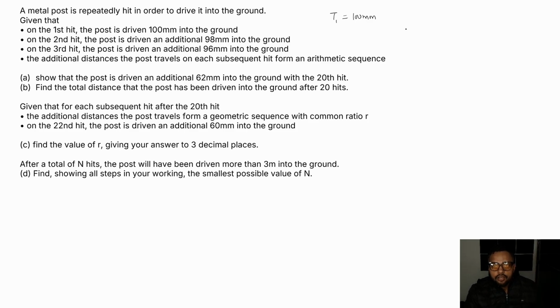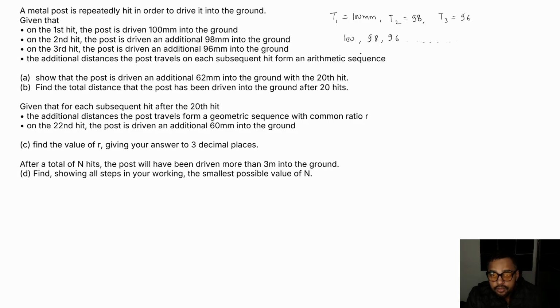Similarly, on the second hit we are getting the value of 98, and on the third hit the value 96. So we can see that it is forming an arithmetic series. How do we know?